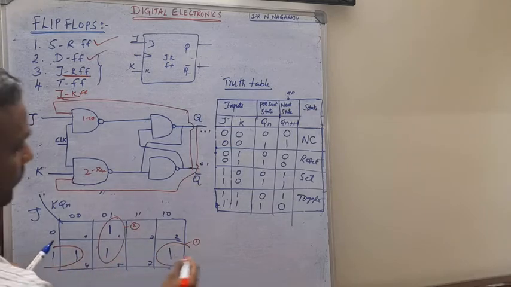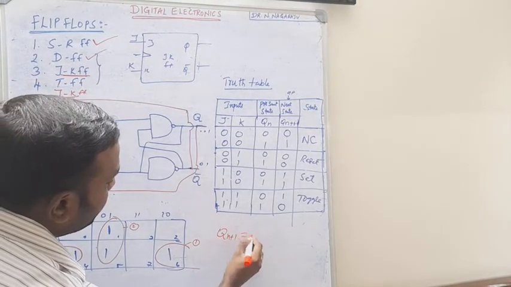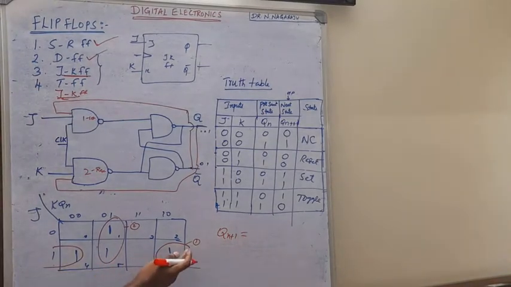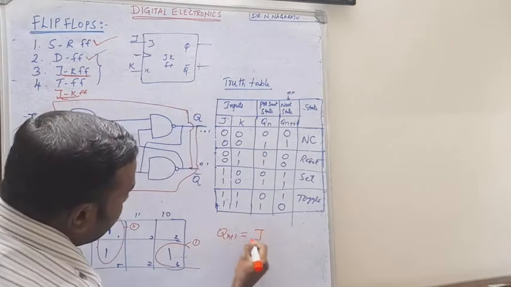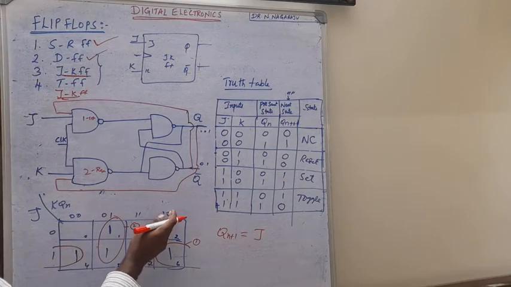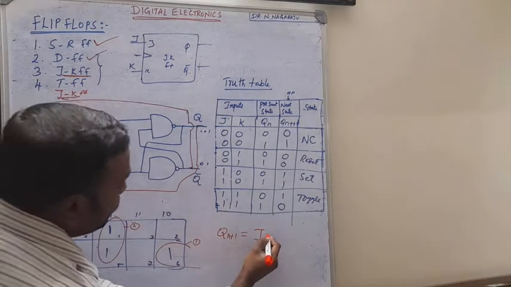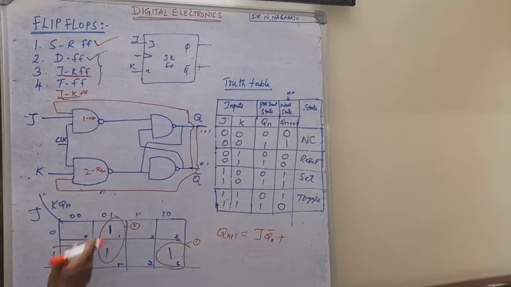Now I am going to write the final characteristic equation. Qn plus 1 is equal to, first you check the group. For the first group, check row wise. Row wise, here it is 1, and 1 indicates J. So J and the combination of columns, columns 0, 0 and 1, 0. So this 0 is common, so that is Qn bar. Plus you check the other one.